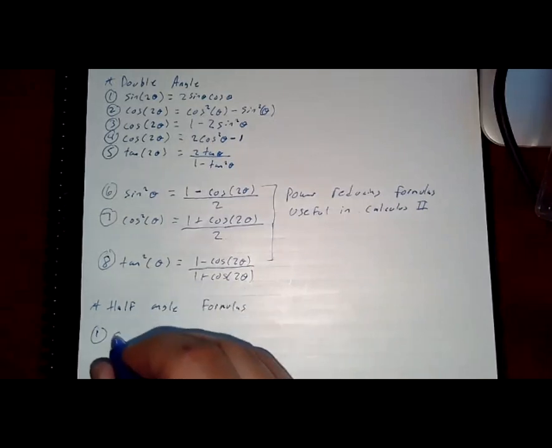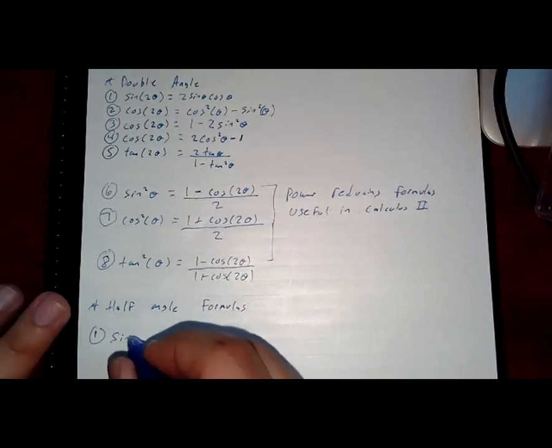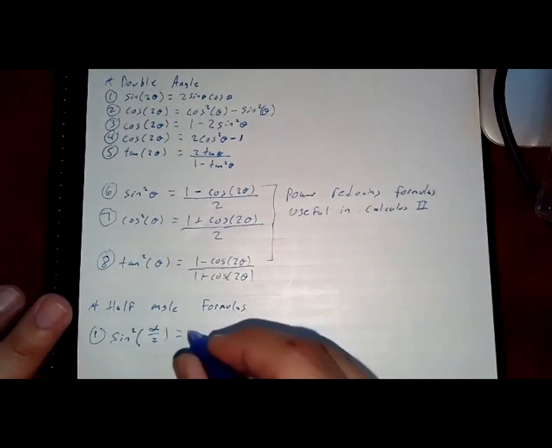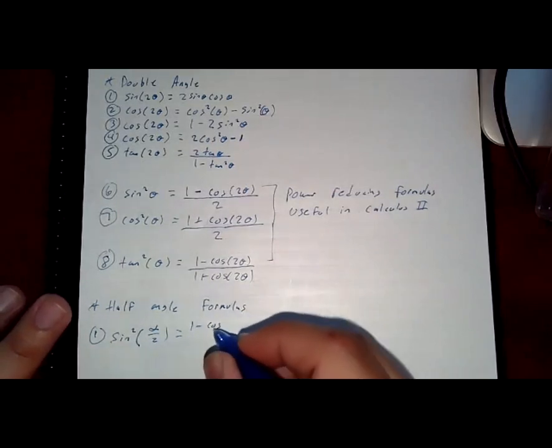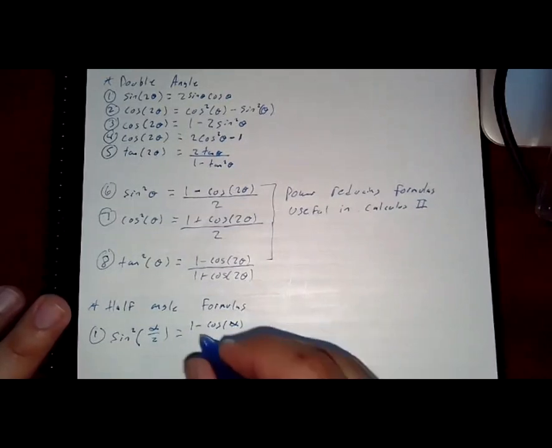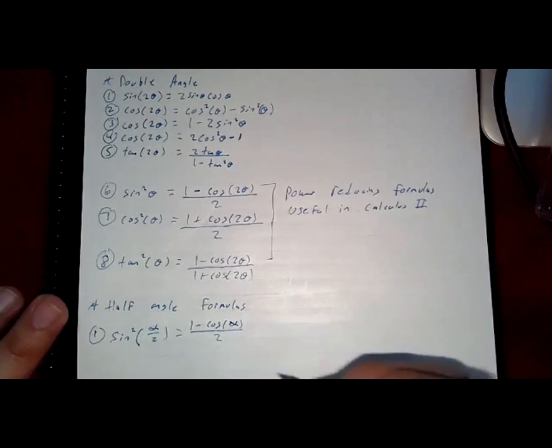All right, first one, sine squared of alpha over 2 is equal to 1 minus cosine alpha, over 2.